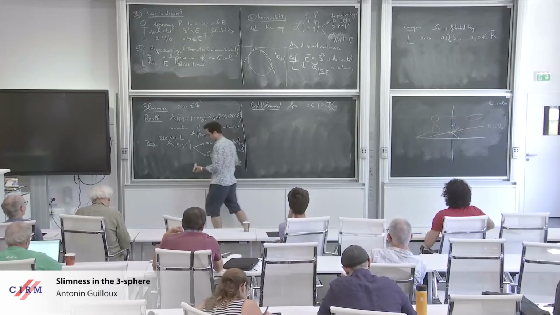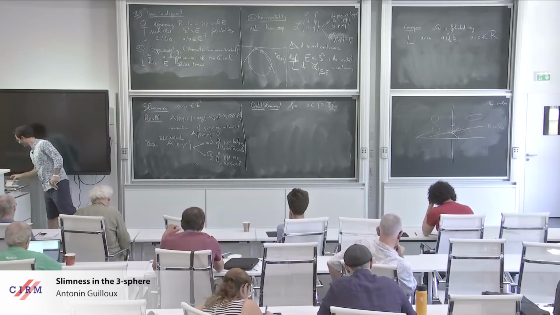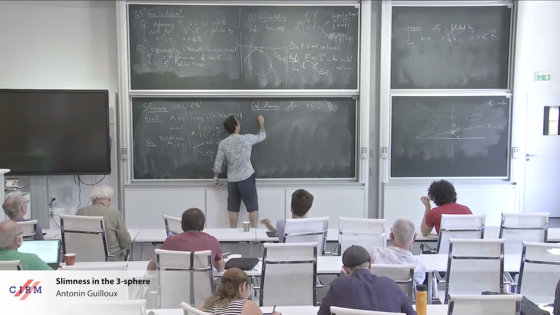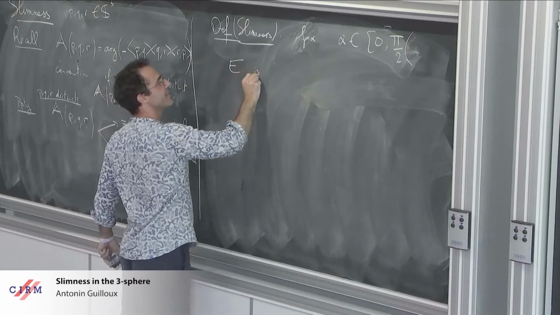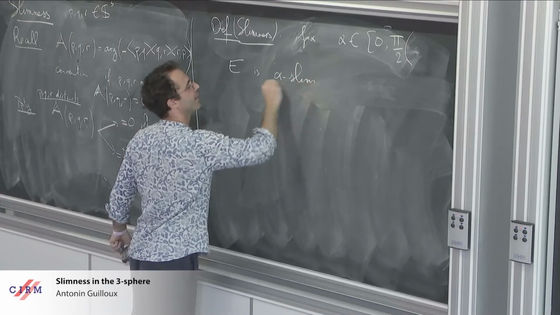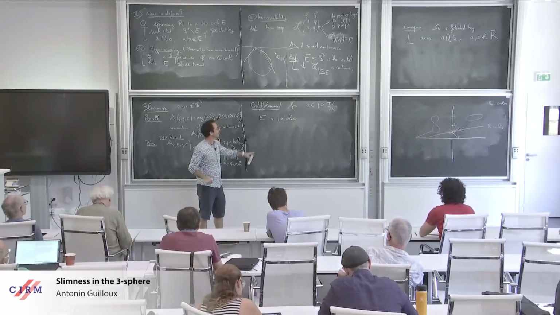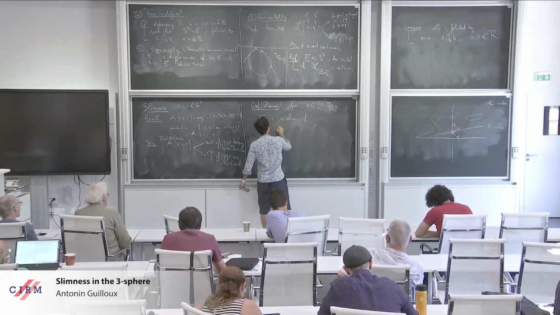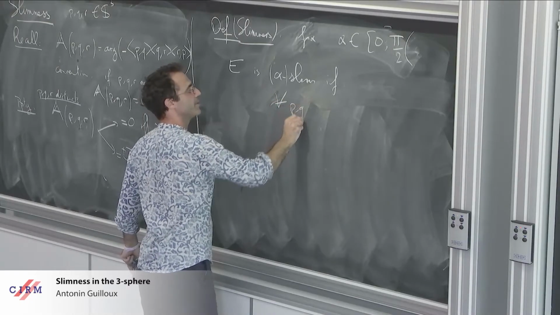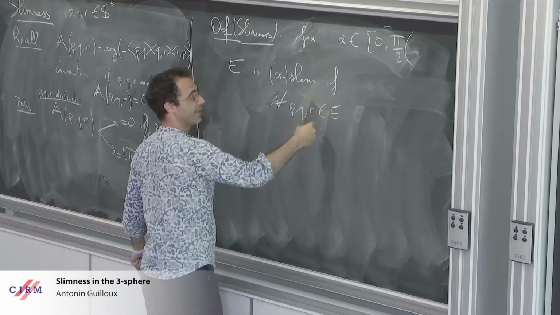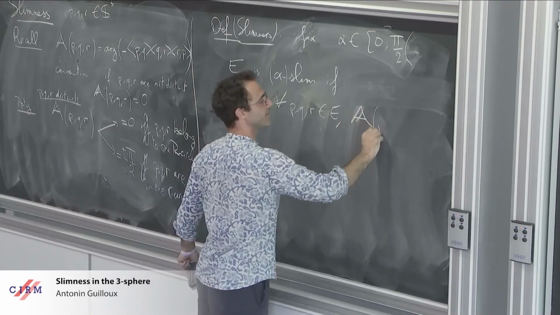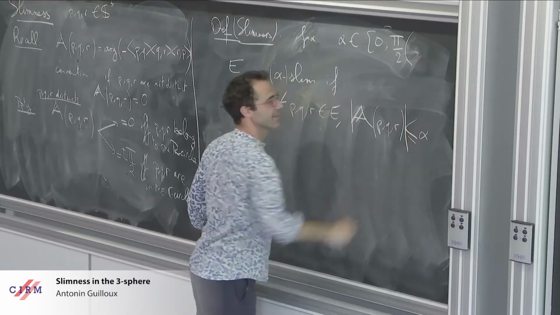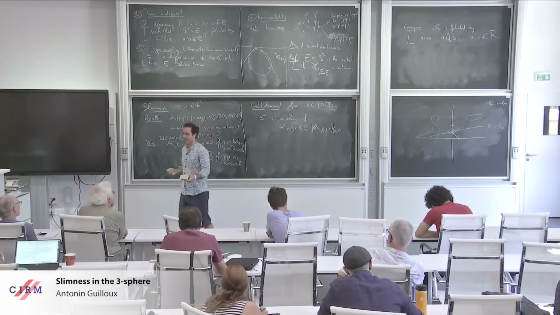So, who is losing on me? My set E is alpha slim, and if I don't care about the actual alpha, I will just say slim, if for all triples of points in this set, the Cartan invariant is, in absolute value, less than alpha. Okay, so this is a quantitative version.